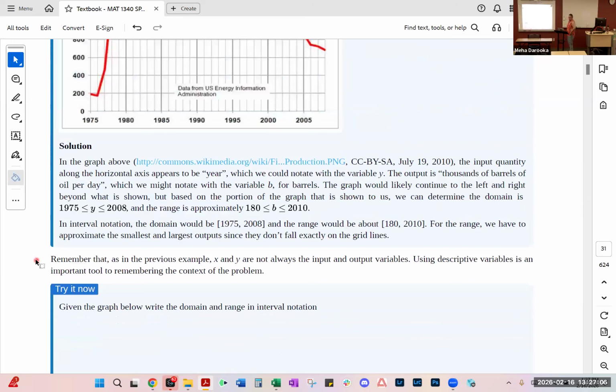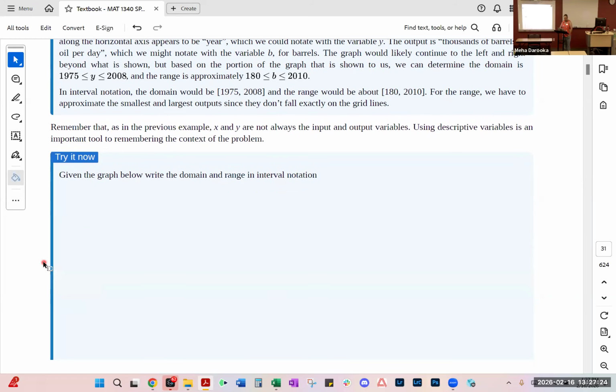So basically, we are saying, if you look at this little statement over here, that X and Y are not always going to be the input and output variables we use. Sometimes we will use descriptive variables, if they identify the problem that we are looking at and identify those variables better for us.